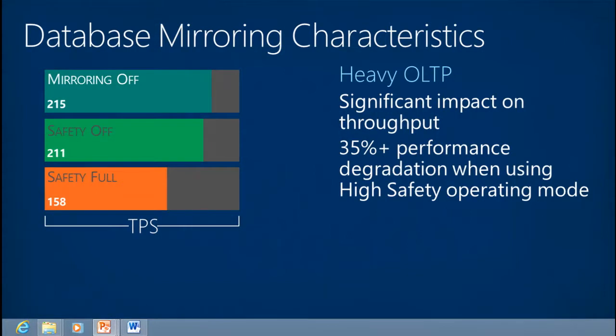And then lastly, safety full, you're going to incur a substantial penalty in a heavy OLTP scenario. If you have 500,000 users performing social-based actions within SharePoint, that's definitely going to be heavy OLTP. Status updates, @mentions, hashtags, working with the newsfeed. That's going to be considered heavy OLTP.